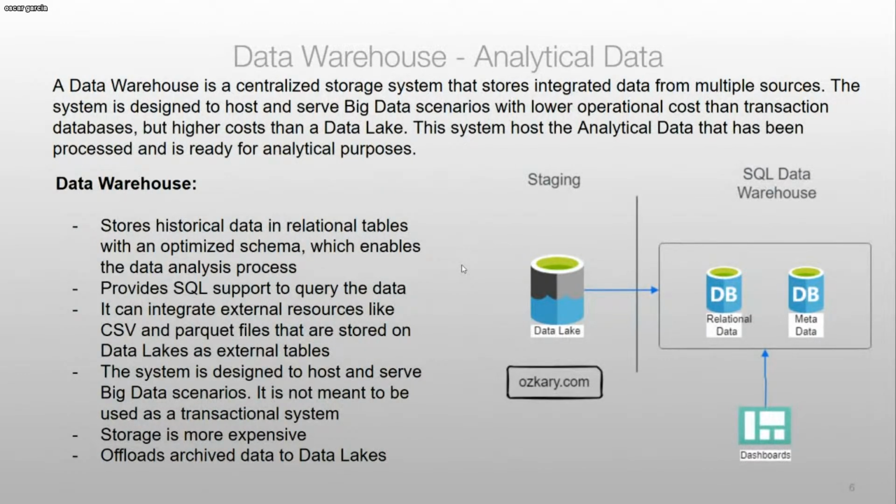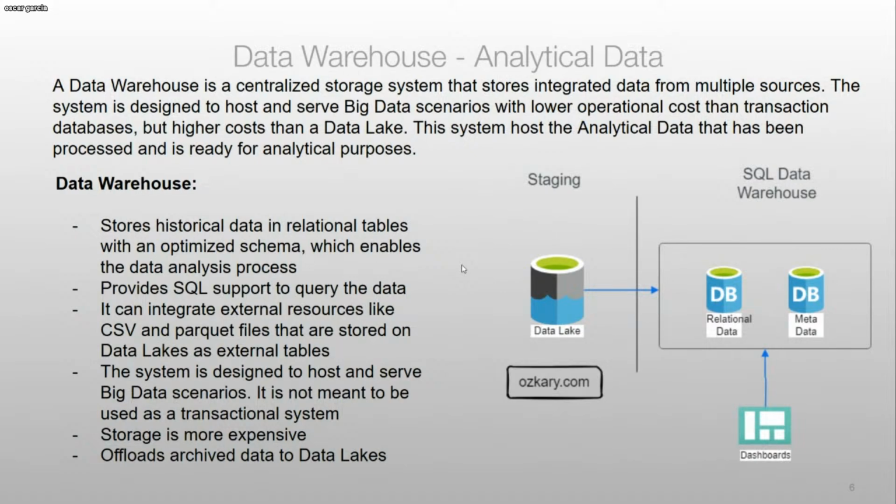It is a centralized storage system, right? That stores data that has been migrated and integrated from multiple sources. So now we talked about how we can have SQL Server data, NoSQL database data, JSON, XMLs, CSVs in the data lake. But ultimately, we want to transform this data. We want to optimize this data and move it into an analytical platform, right?